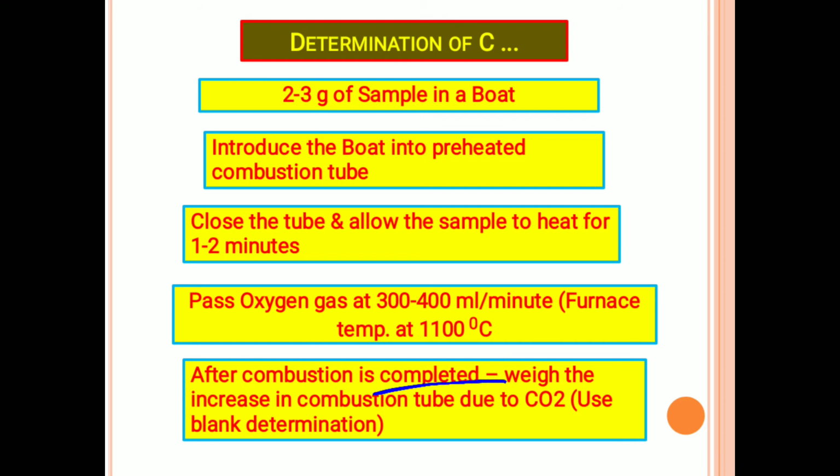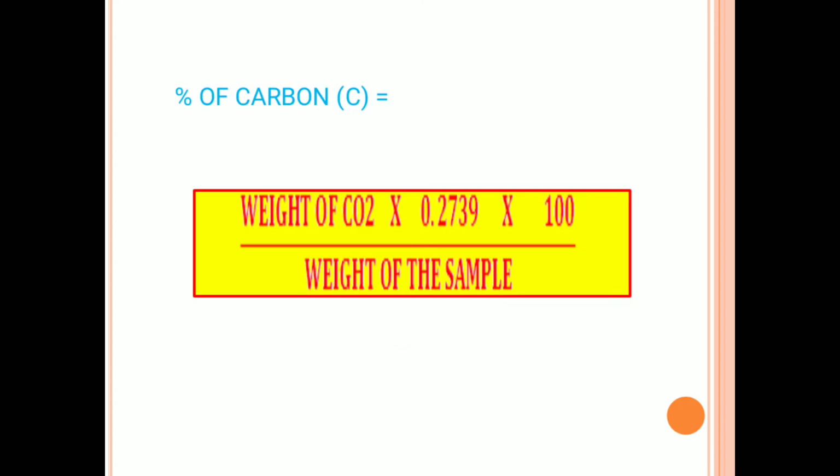After combustion is completed, weigh the increase in the absorption tube due to carbon dioxide and use a blank determination. Blank determination is nothing but the determination without a sample. The increase in weight will give the amount of CO2 which is present, but our aim is to determine the percentage of carbon.